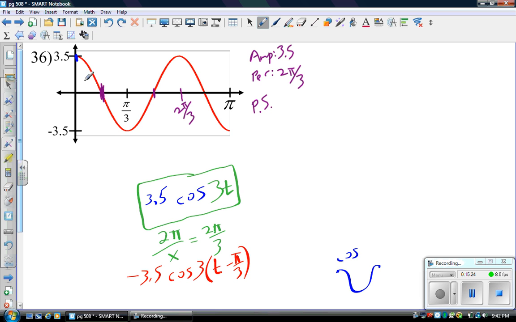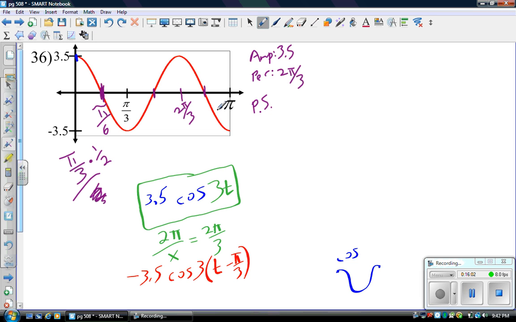So if you took pi over 3 and split it in half, that means divide by 2 or multiply by a half. That means that this must be at pi over 6, which makes sense. 1/6, 2/6, 3/6, 4/6, which is 2/3, 5/6, 6 over 6, which is pi. So it makes sense.